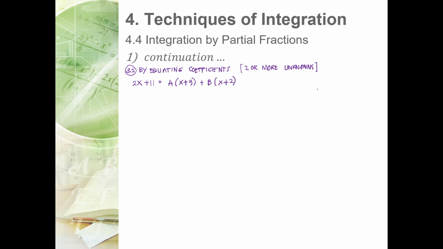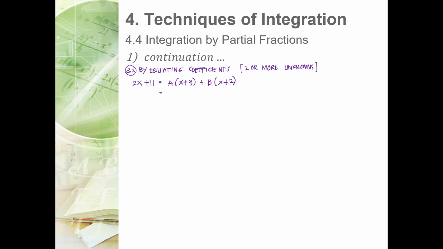The elimination method is only best if you have two unknowns, but if you have more than two unknowns, the best method to determine your unknowns is by equating coefficients.